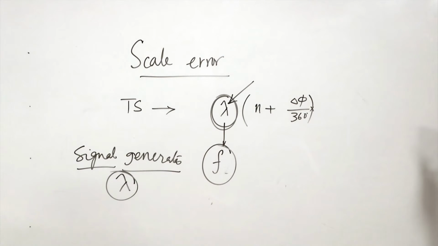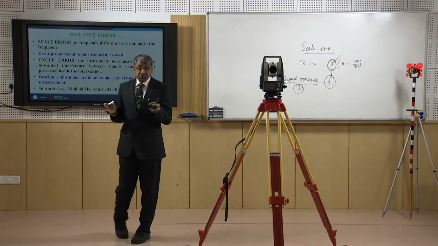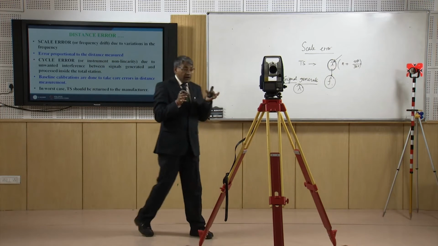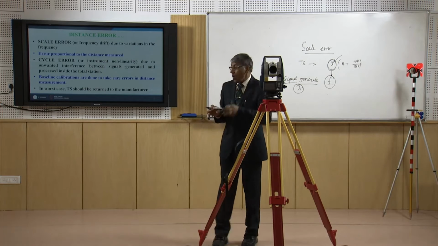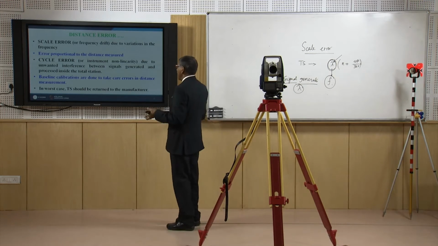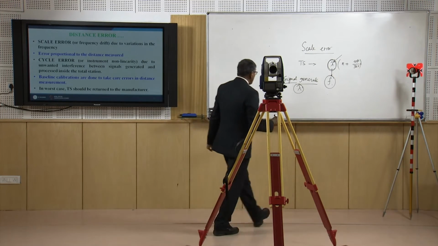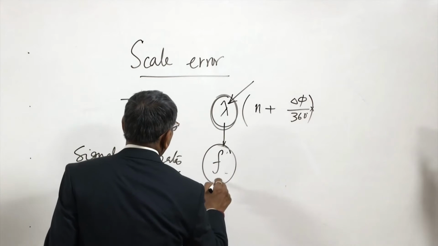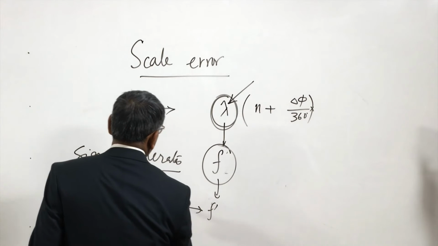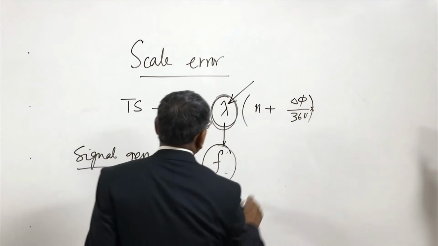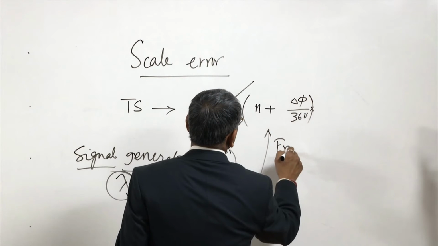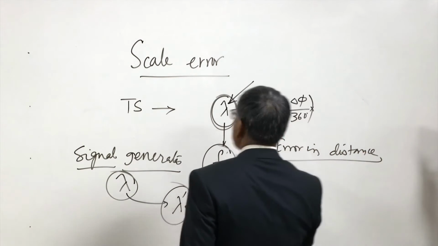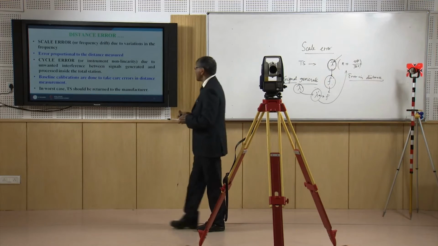Now, if there is any discrepancy in the working of the signal generation part of the instrument, or there is some other problem, then there may be some deviation in the frequency or wavelength. So this will lead to error in distance measurement. This is called frequency error.